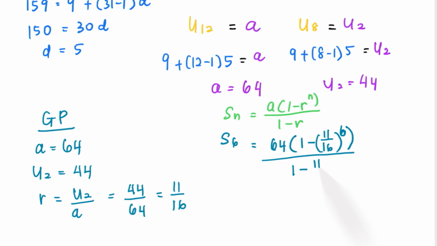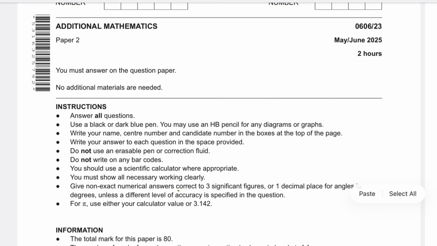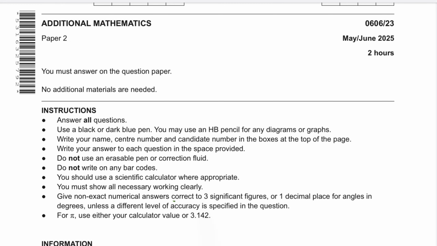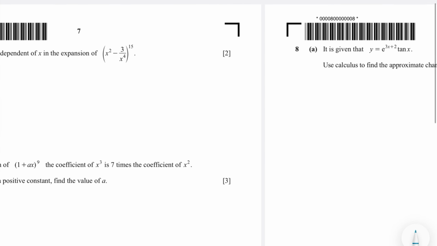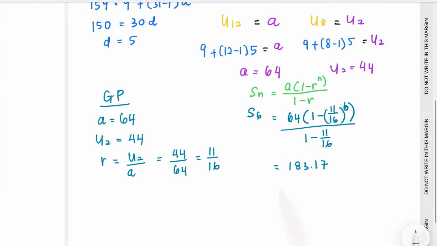Now put this in your calculator, you'll get 183.17. Now if you read the instruction, you need to give your non-exact numerical answer correct to three significant figures. Hence, we're going to leave our last answer in three significant figures, which is 183.